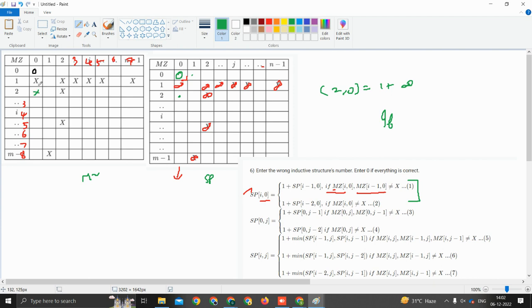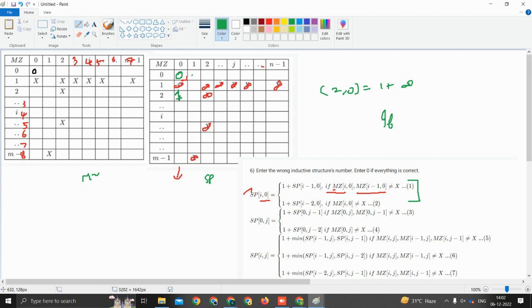Here we are, right? So if this is not equal to x and the previous one also was not equal to x, you add 1 to this. That's what they are saying. Yes, correct. So here we put 1, right? It satisfies this condition.